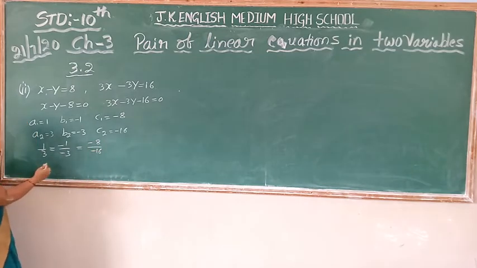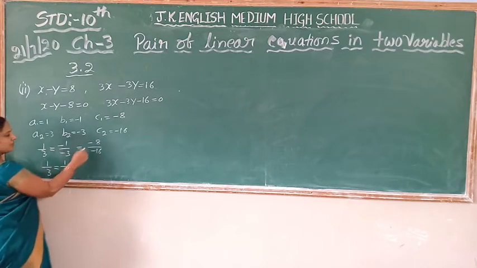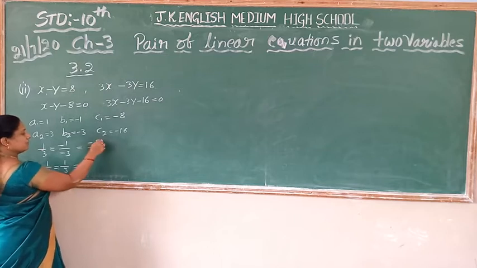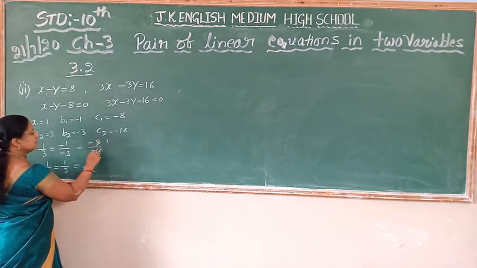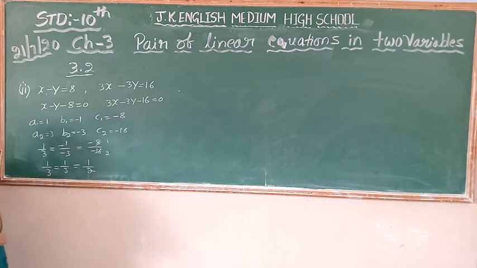Minus divided by minus is plus. If you cancel, 8 ones are 8, 8 twos are 16, so it becomes 1 by 2. So you will come to know a1 by a2 is equal to b1 by b2, but it is not equal to 1 by 2.